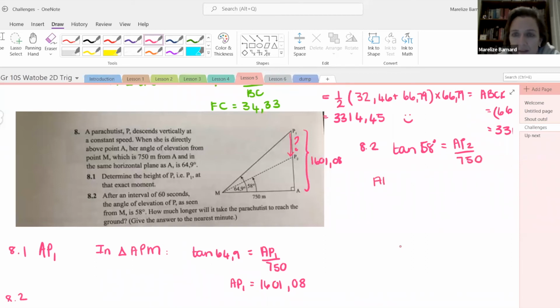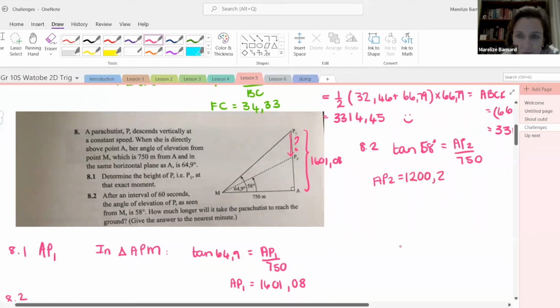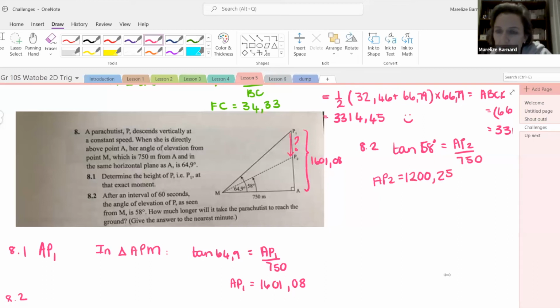So we times by the 750 and we get AP2 is tan 58 times 750. And that gives me 1,200.25 meters. Nice. A few of you have got that already.